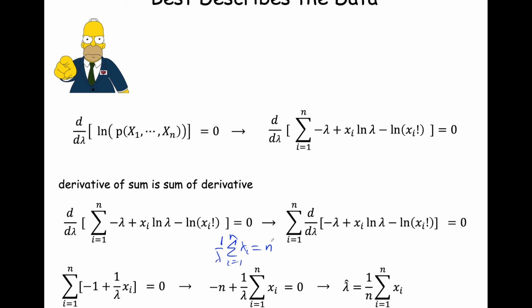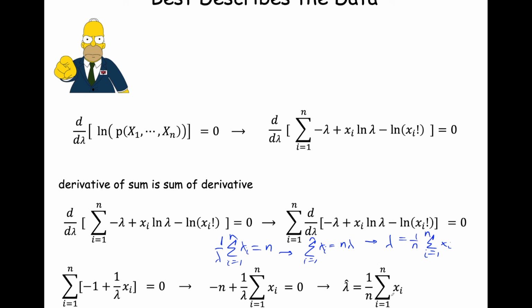So we multiply both sides of equality by λ. That gives us our sum, i goes from 1 to n, x_i is equal to nλ. Divide both sides by n, and that gives us this expression, λ is equal to 1 over n times the sum, i goes from 1 to n of x_i.